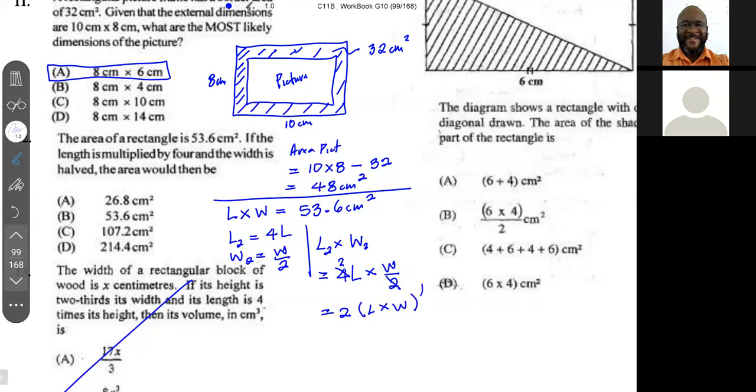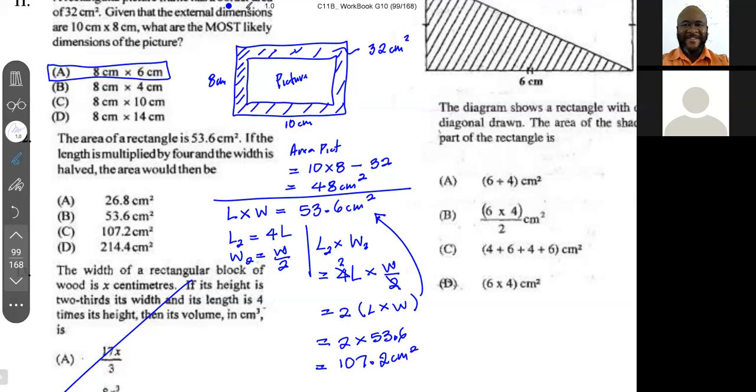But length multiplied by width is what? 53.6. So it's going to be 2 times 53.6. The final answer here is 107.2 centimeters square.